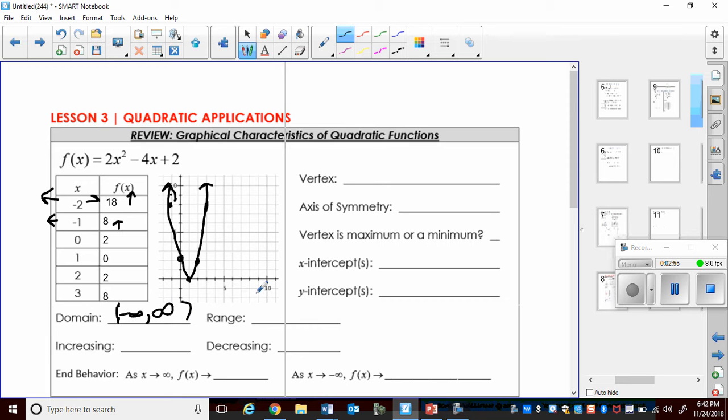But the range starts right at 0, right here. That's my minimum. And then it goes all the way up to infinity. Since it goes through 0, it gets a hard bracket, and the infinity always gets parentheses.